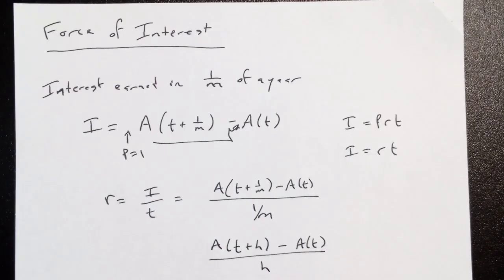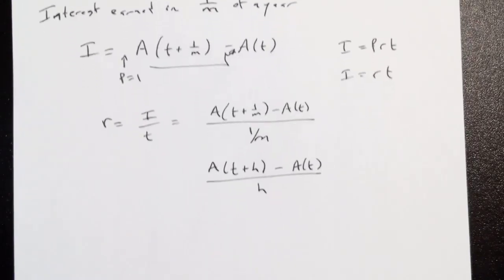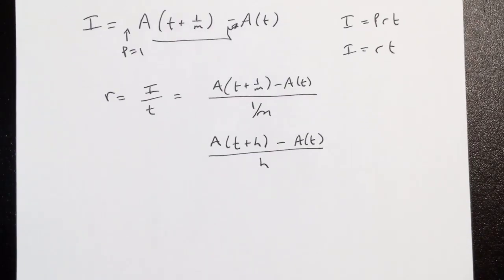What's that? Every calculus bell in my universe is going, you've seen this before. What is that? That's my derivative. As h goes to 0, that's a derivative. So this is our difference quotient.